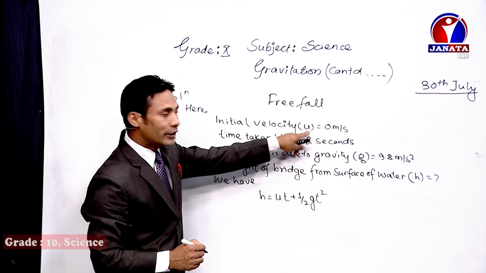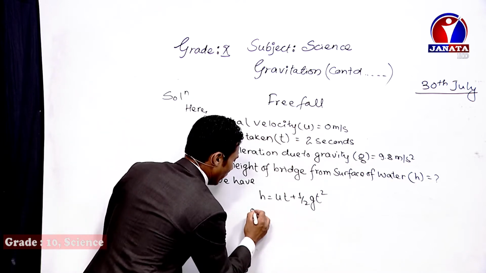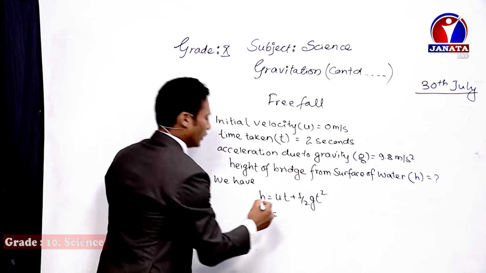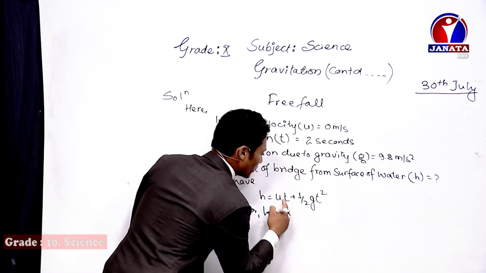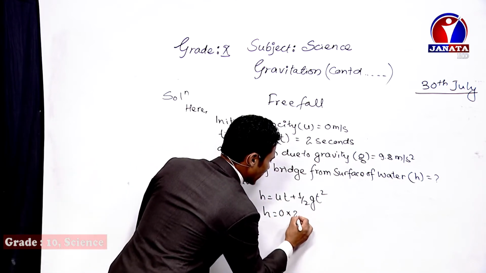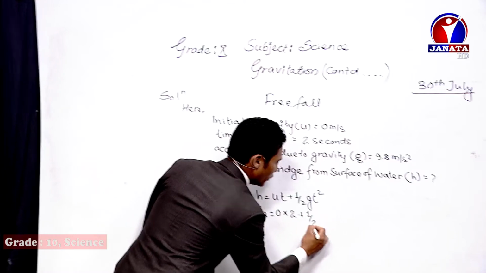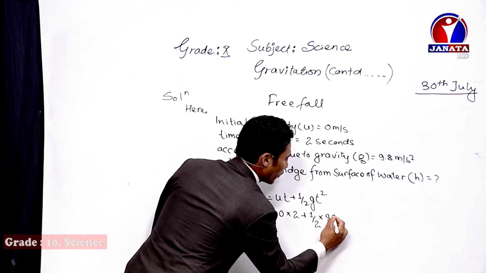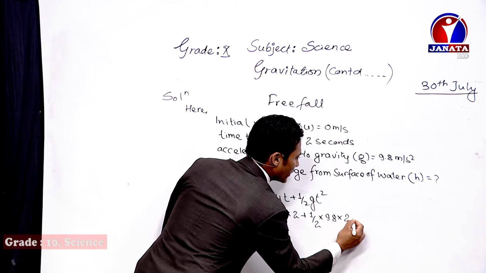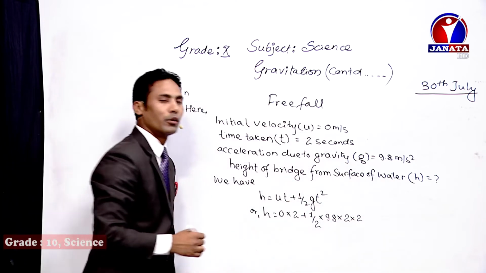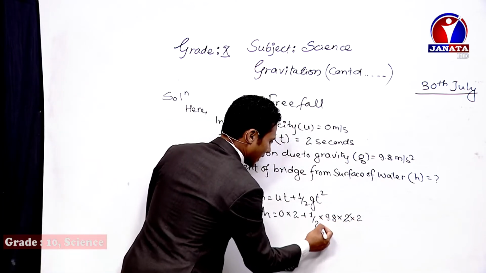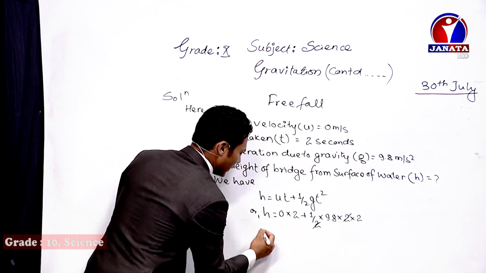So let's put this value here, h equals to u is 0 into time, t is 2 seconds, plus 1/2 into g is 9.8 into t square is 2 into 2. So let's simplify this. This 0 into 2 is 0.